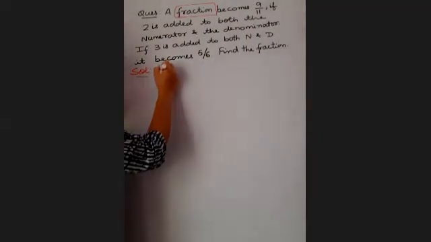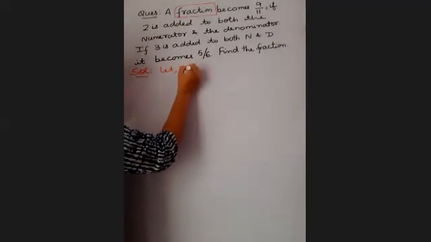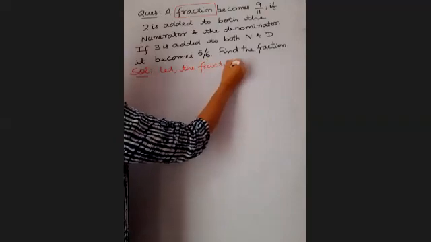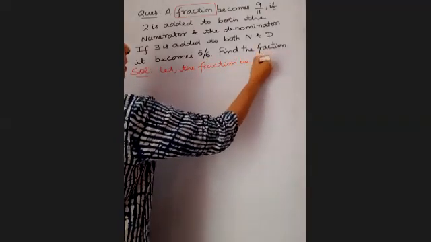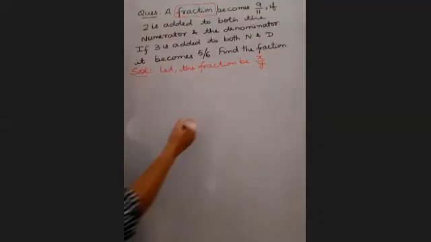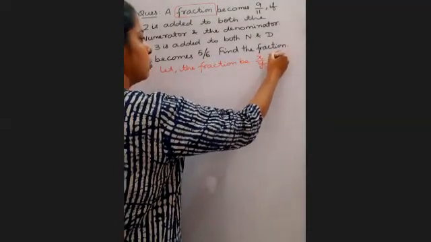I am straight away writing, let the fraction be x upon y, and y should not be 0. The denominator cannot be 0. So straight away I have defined the fraction as x upon y.